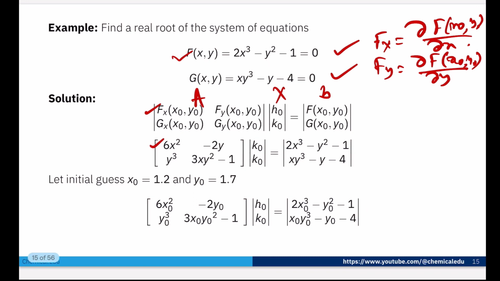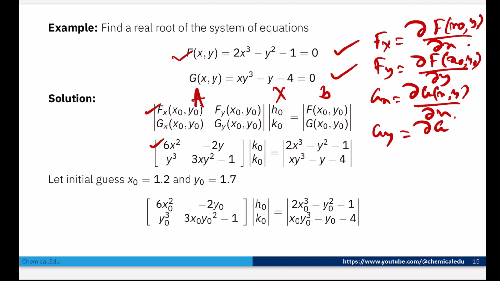And gx is the partial derivative of g(x,y) with respect to x, and gy is the partial derivative of g(x,y) with respect to y. If I do gx, the second equation gives y^3. And if I take the partial derivative of g with respect to y, we get this equation.